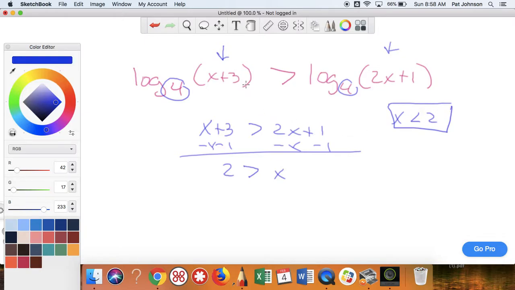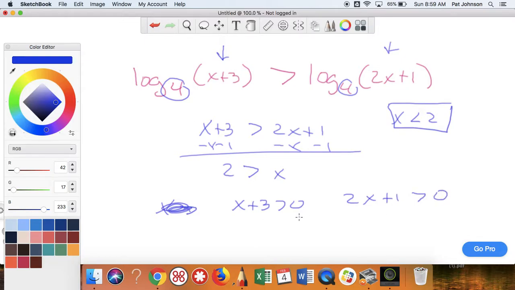Now, I have to look at my arguments. Remember, my argument cannot be negative, so I need to find when it is defined, just like a radical. So it's undefined when x plus 3 is less than or equal to 0. It's defined when the argument is greater than 0. So I'm going to do x plus 3 greater than 0, and I'm going to do 2x plus 1 greater than 0, because we said it can't be 0 either.